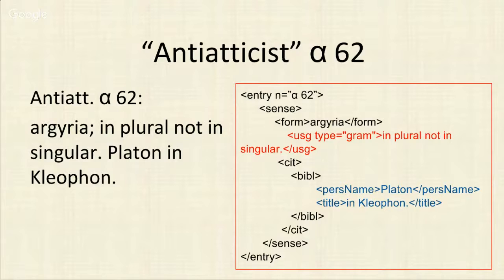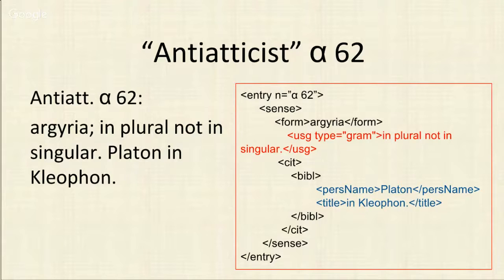It is used in order to annotate the information in plural, not in singular, because here it is not a sense of the word, but only an information of how we should use it. Then the cit element, again, I split it down in order to see the possibilities.